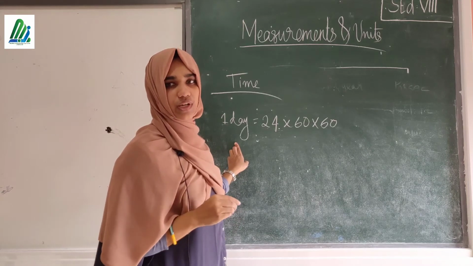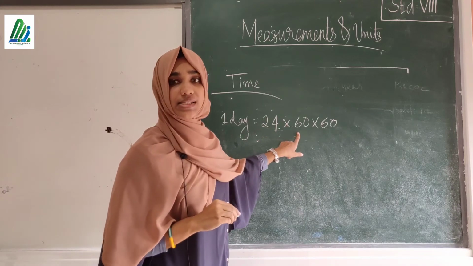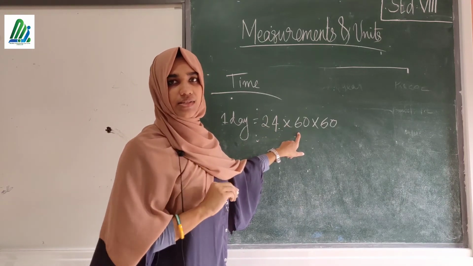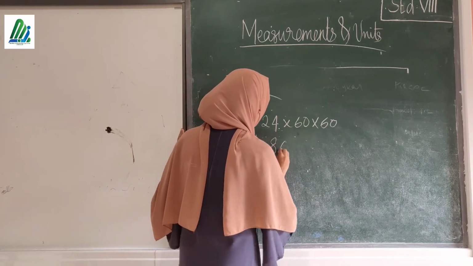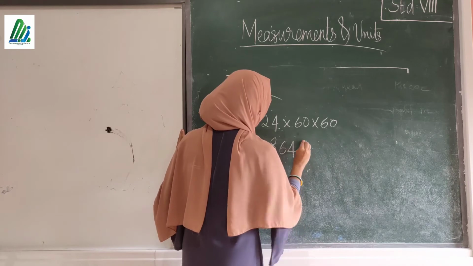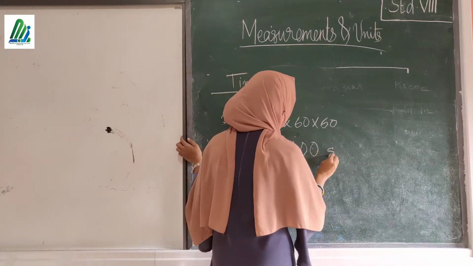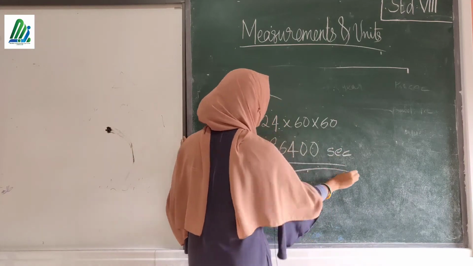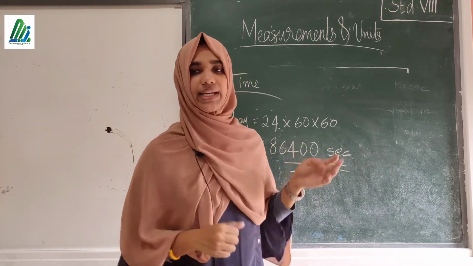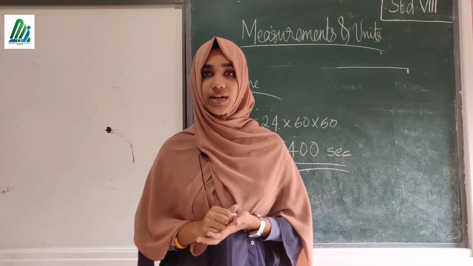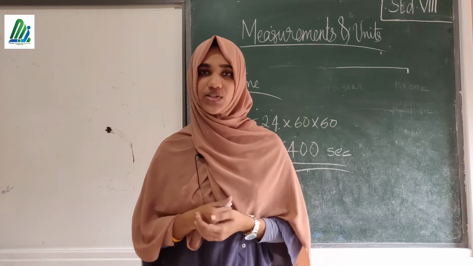In each 24 hours there are 60 minutes, and in each 60 minutes there are 60 seconds. So we can write 1 day equal to 24 into 60 into 60. By multiplying this, we will get 86,400 seconds. So in one day there are 86,400 seconds.